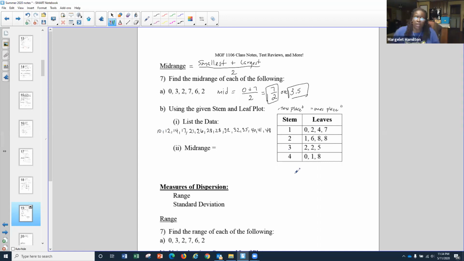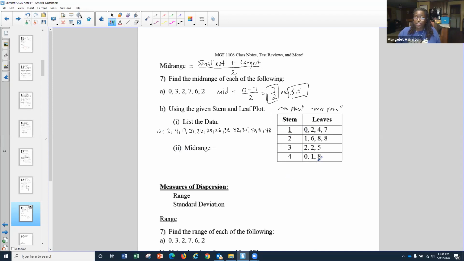Now that we've pulled that information out, they want us to find the mid-range. The mid-range, again, is the smallest number plus the largest number divided by 2. Here's already an order for us. You know what the smallest number is. We see that 10 is our smallest number, 1 and 0 is 10.